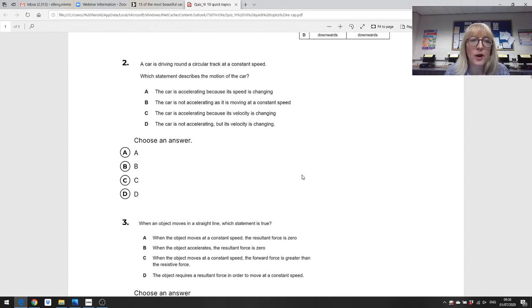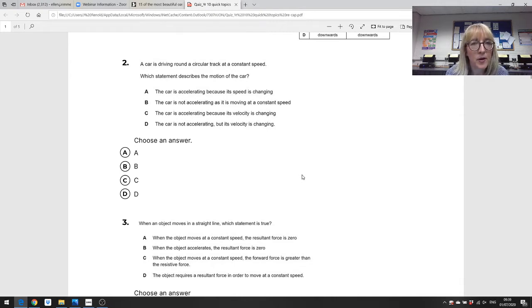Question 2. A car is driving around a circular track at a constant speed. Which statement describes the motion of the car? When something's going round in a circle, it's constantly changing direction because it keeps turning. So even though it's going at a constant speed, the direction is changing. Now, what we know about acceleration is it's the rate of change of velocity.